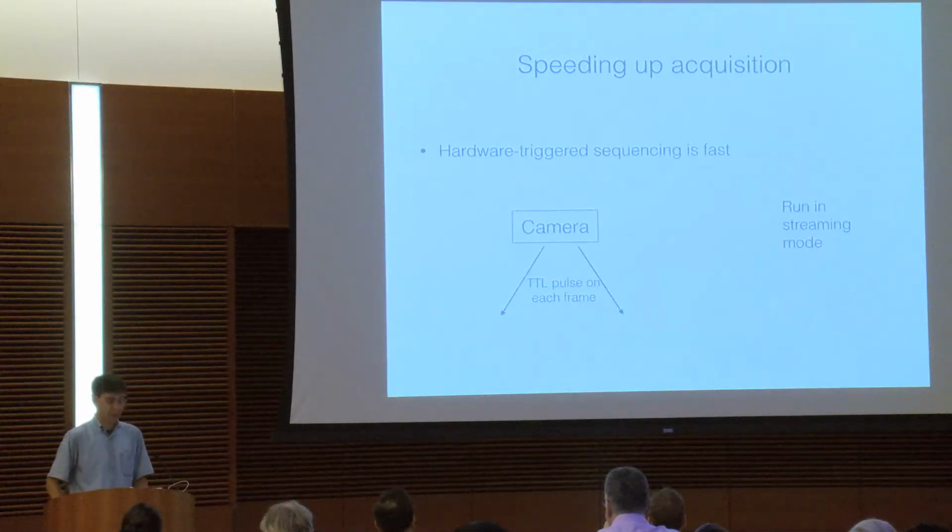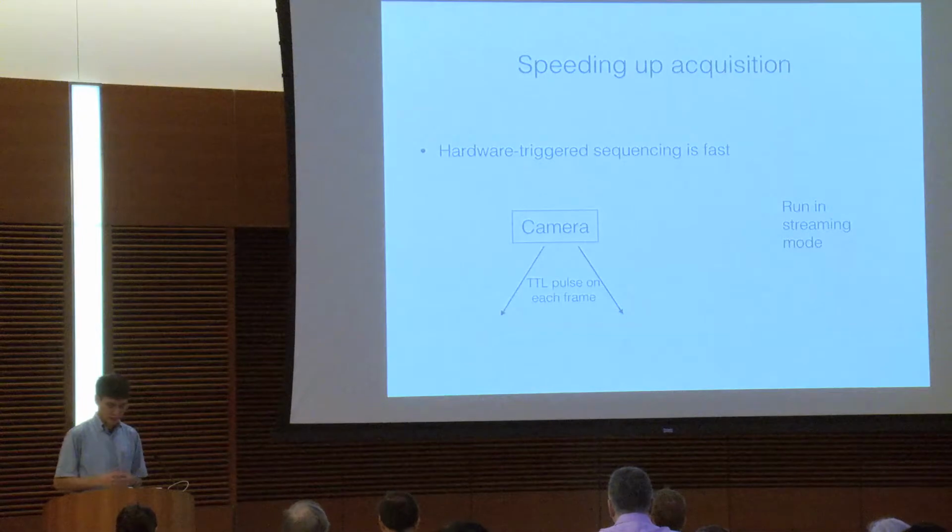So one way to overcome this is to use hardware-triggered sequencing, and that means connecting hardware devices directly to each other. One example of how that might work is to use a scientific camera's TTL output line. If you put the camera in a streaming mode where it uses the camera's internal clock to accurately time successive frames, it'll send out, as it acquires images, 5-volt TTL pulses at each exposure.